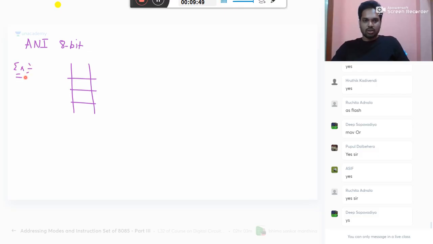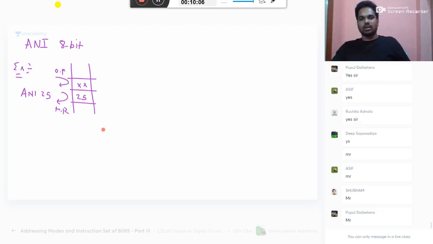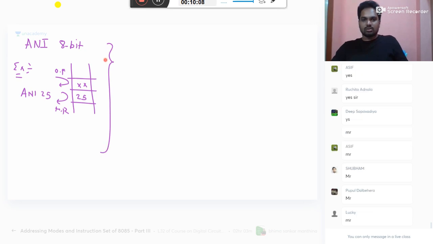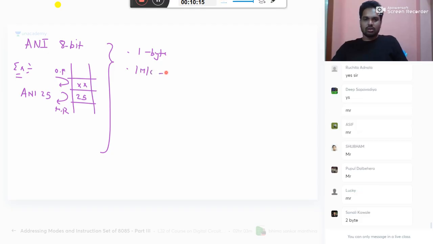Please understand one thing. Here you have fetch execution overlap, because we calculated only 4 T states. When this AND operation takes place, during the fetch of the next instruction, this execution will take place. Pipelining operation.